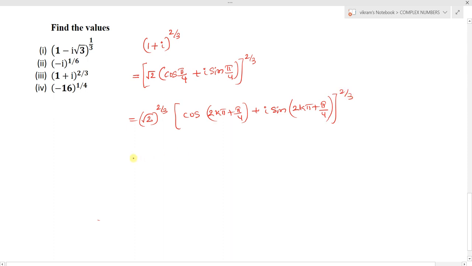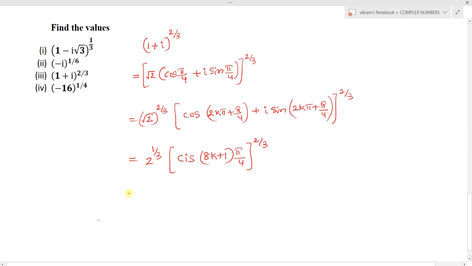This is the way of generalization. Now (√2)^(2/3) is 2^(1/2·2/3), which can be written as 2^(1/3). And cos θ + i sin θ can be written as cis, so this is cis((8k+1)π/4), whole power 2/3.